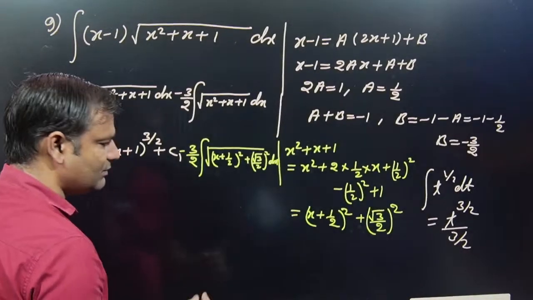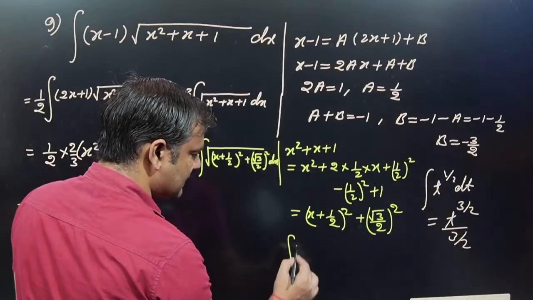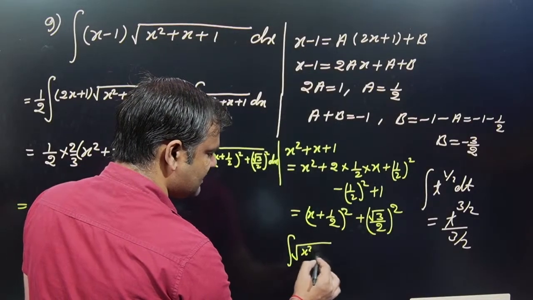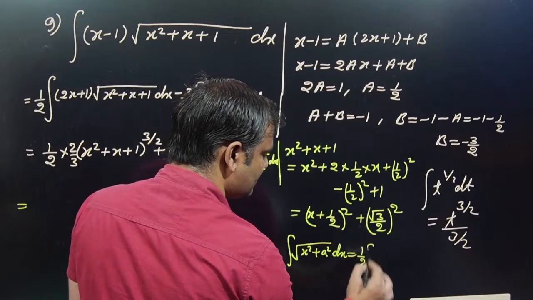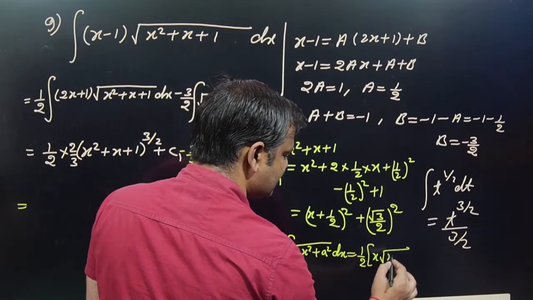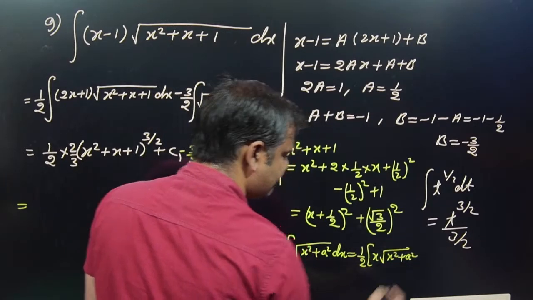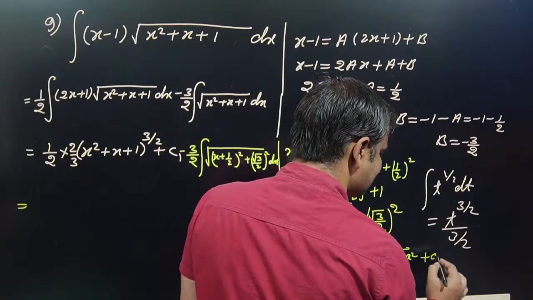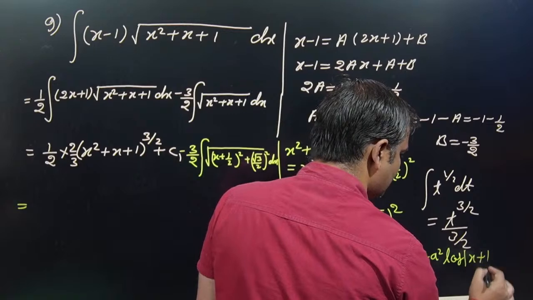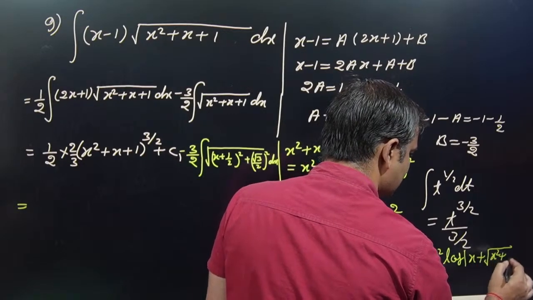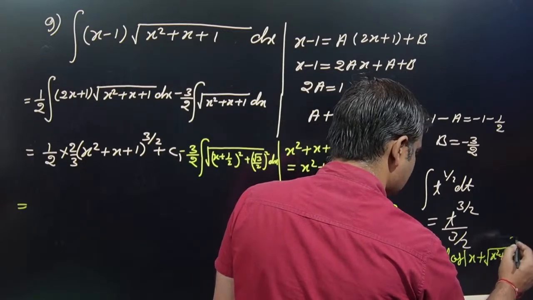Simply, I know that the integration of under root x square plus a square dx is 1 by 2 into x under root x square plus a square into log of x plus under root x square plus a square, plus c.